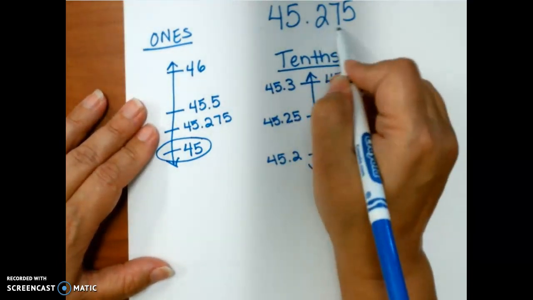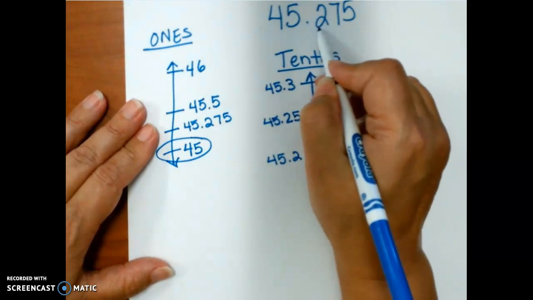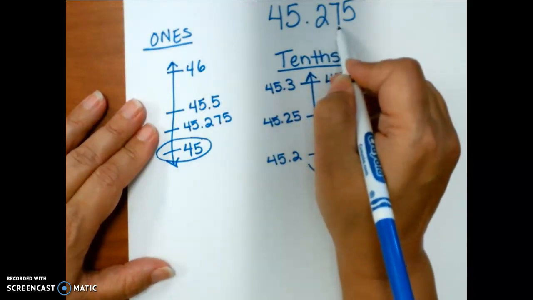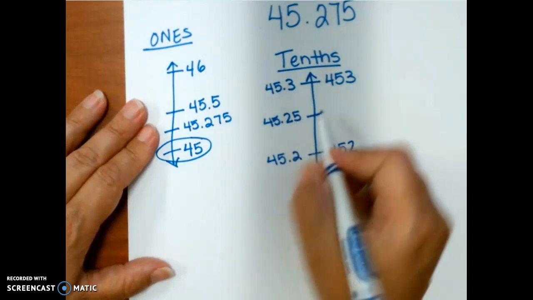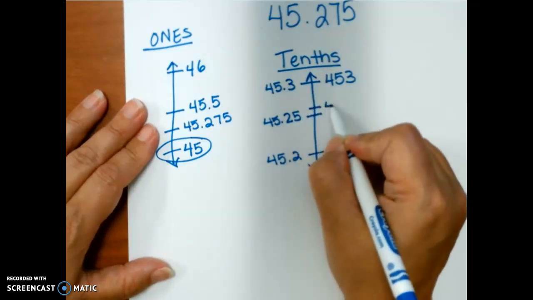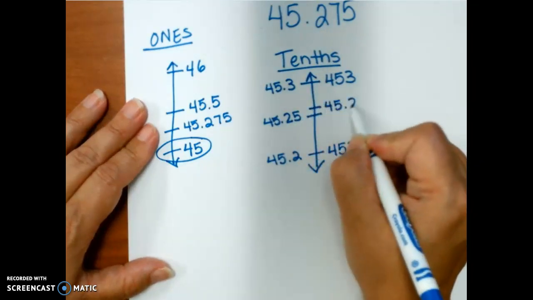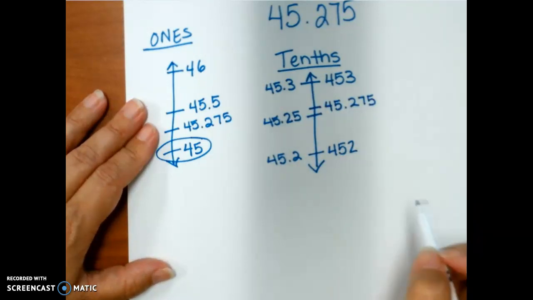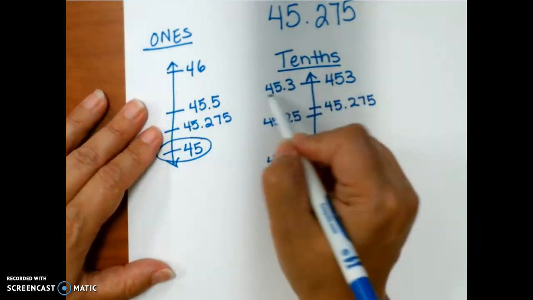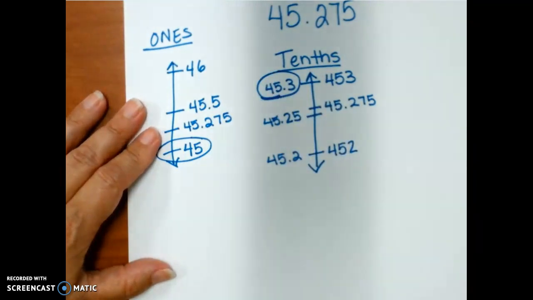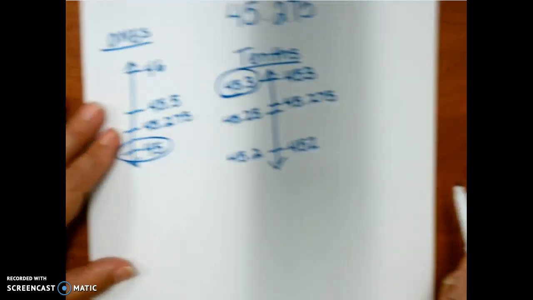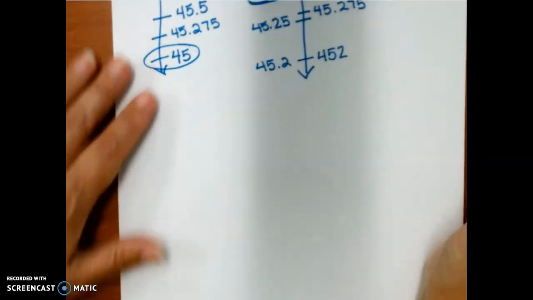If you look, I have 27 hundredths in this number. That's a little bit more than 25 hundredths. So 45 and 275 thousandths is there. So to the tenths place, I round to 45 and 3 tenths. All right, I'm going to move this down a little bit to do thousandths.